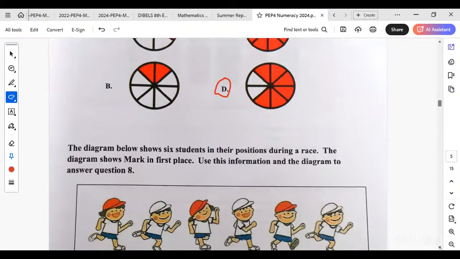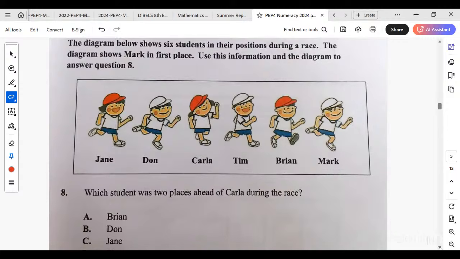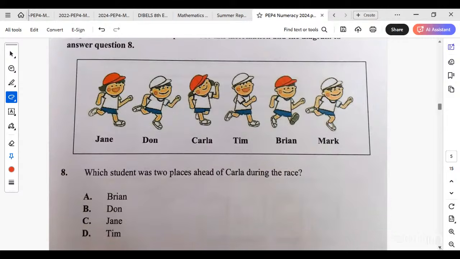Let's get to question 8. The diagram below shows 6 students in their position during a race. The diagram shows Mark in first place. Use this information and the diagram to answer question 8. So we have Mark in first place, then Brian, then Tim, then Carla, Don, and Jane. So it asks, which student was 2 places ahead of Carla during the race?